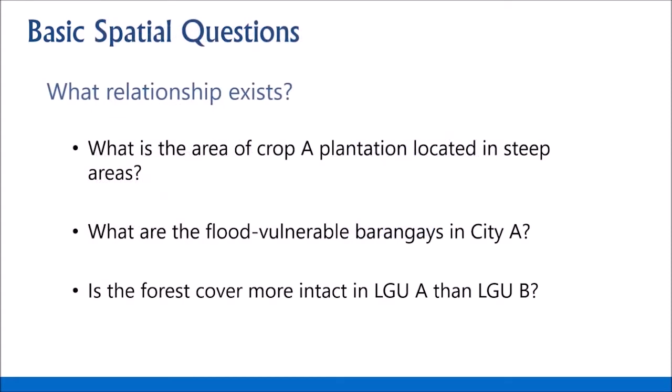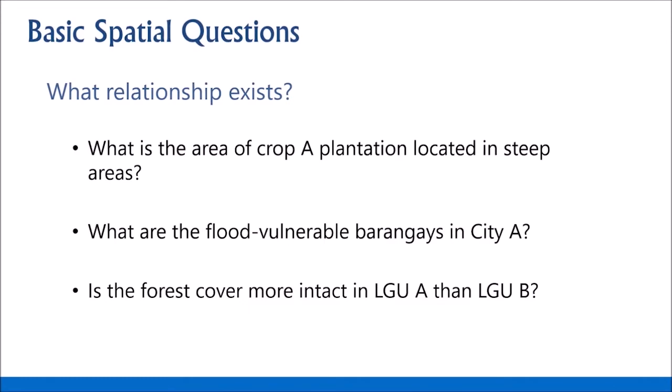So what relationship exists? As we said a while ago, this concerns spatial analysis. So examples are these types of questions. What is the area of crop A plantation located in steep areas?